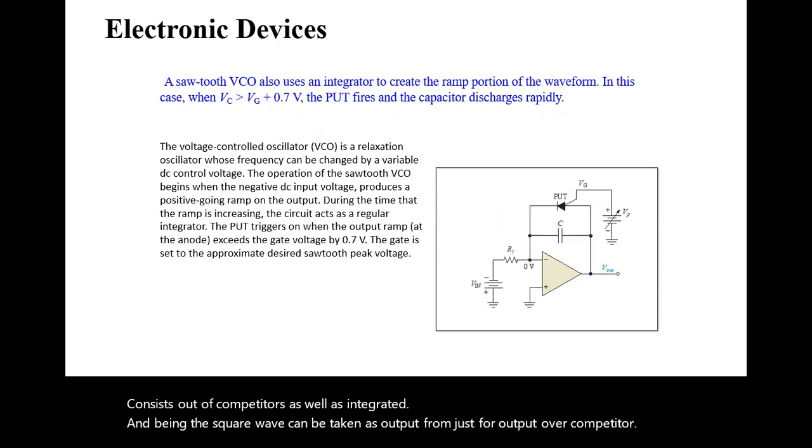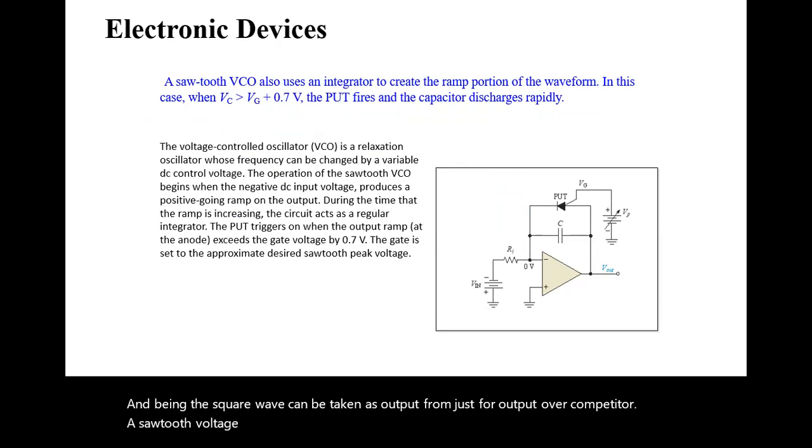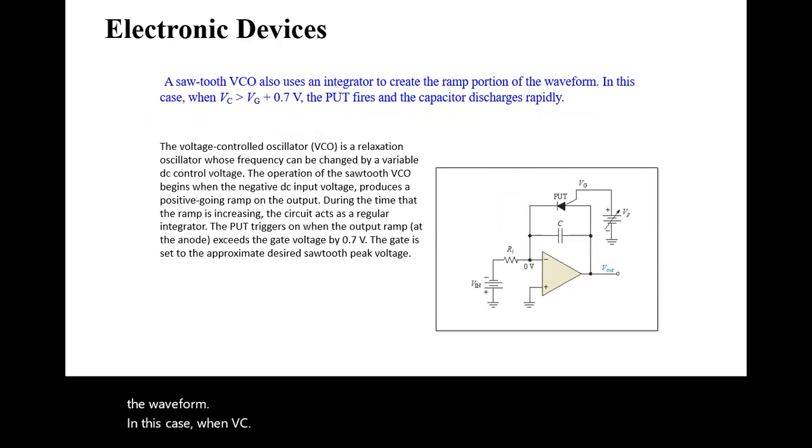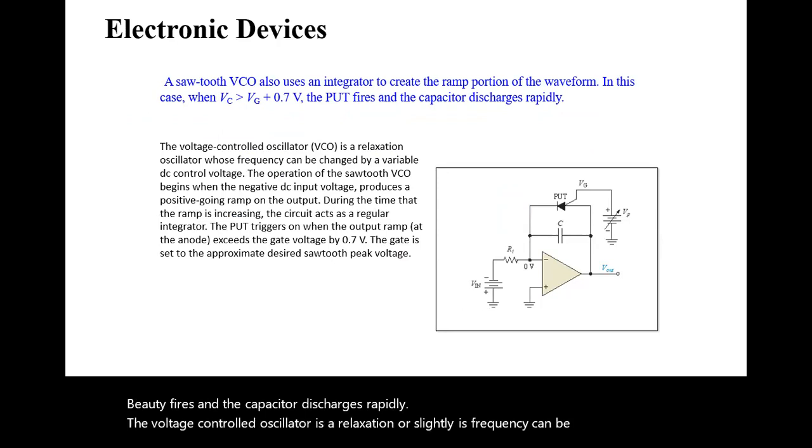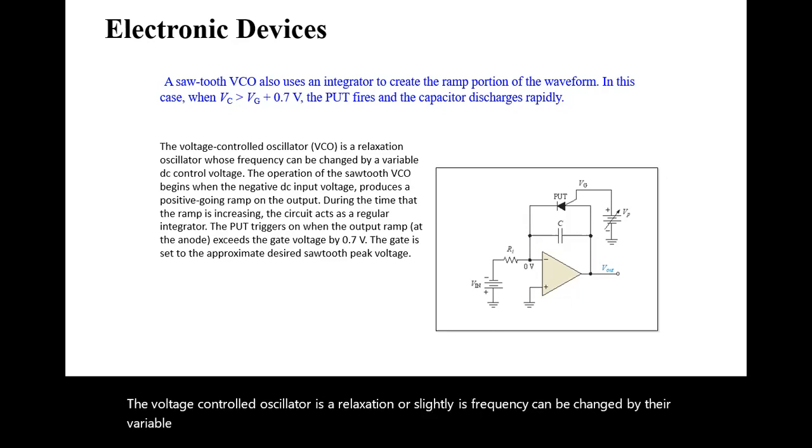A sawtooth voltage-controlled oscillator also uses an integrator to create the ramp portion of a waveform. In this case, when VC is bigger than VG plus 0.7 volts, a PUT fires and the capacitor discharges rapidly. A voltage-controlled oscillator is a relaxation oscillator whose frequency can be changed by a variable DC-controlled voltage.